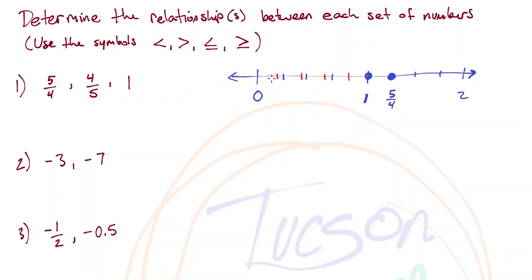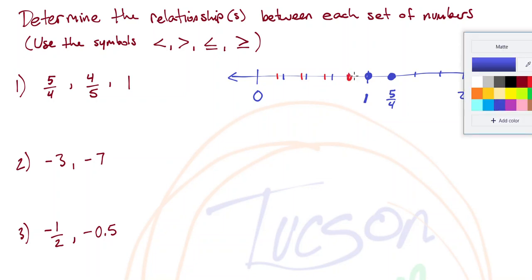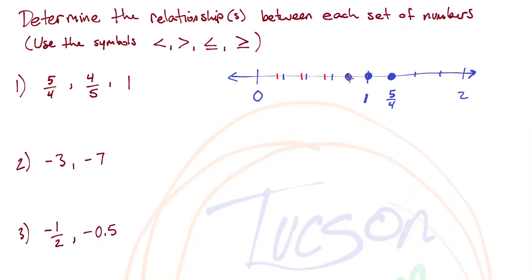But 1/5, 2/5, 3/5, 4/5, 5/5 is the 1. So 4/5 would be a little bit less than 1. So let me go back to my blue here, and we'll just say there's about 4/5. It's a little bit less than 1, and 5/4 is a little bit more than 1.